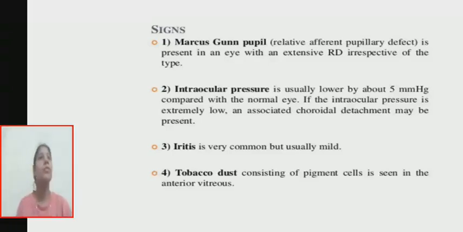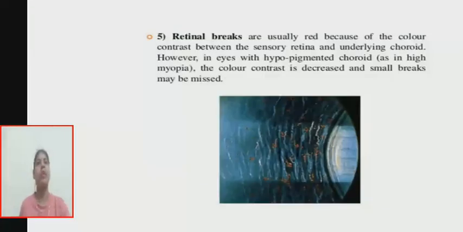Tobacco dust, consisting of pigment cells, is seen in the anterior vitreous. And the fifth is retinal breaks, which are usually red because of the color contrast between the sensory retina and underlying choroid.